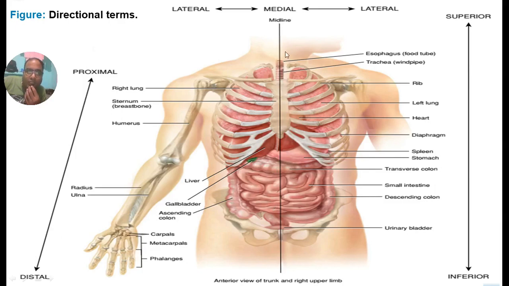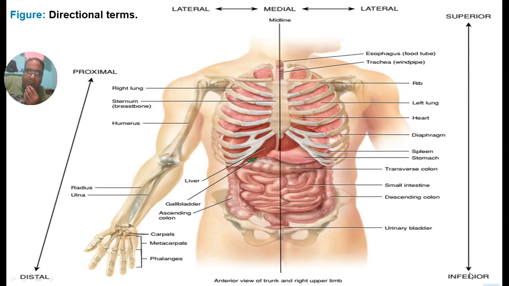If any organ is present away, to the left or right of this midline, it is called a lateral position: laterally arranged, laterally positioned, lateral structures. If the body organ is present upside toward the head side, the cephalic region, it is called superior, and if it is present away from the head or towards the tail, it is called inferior.